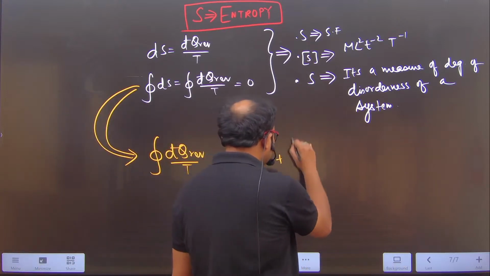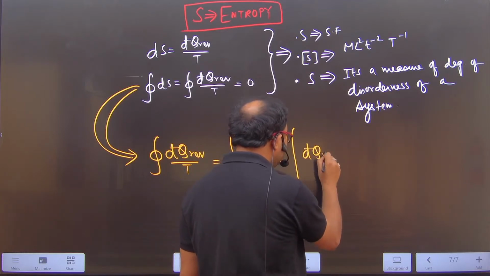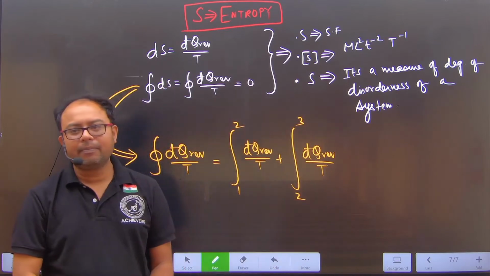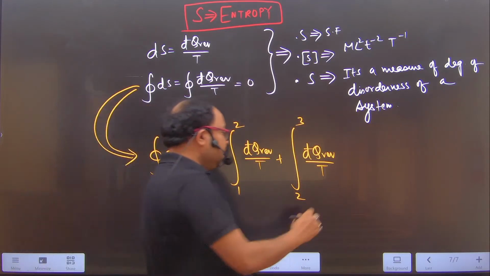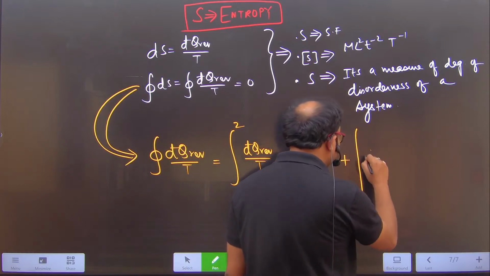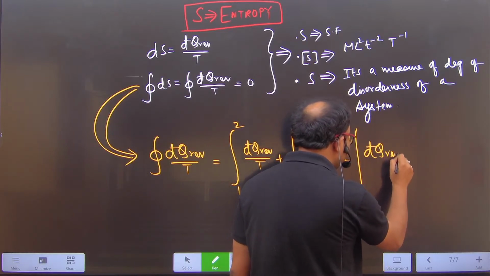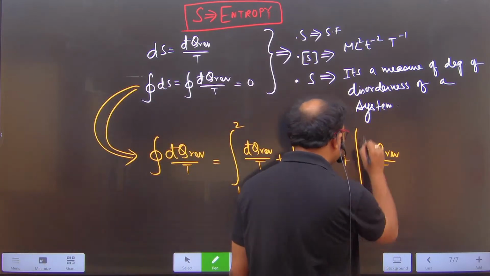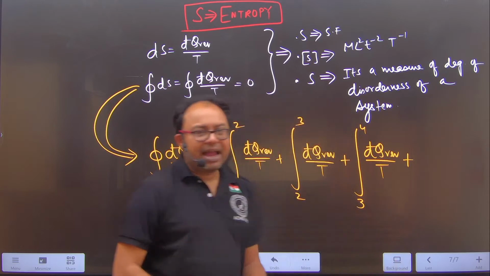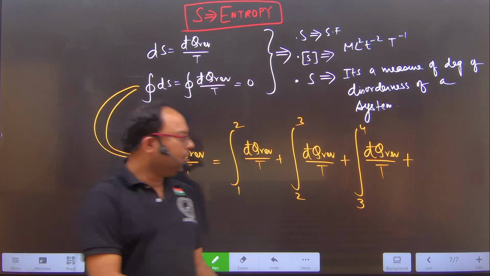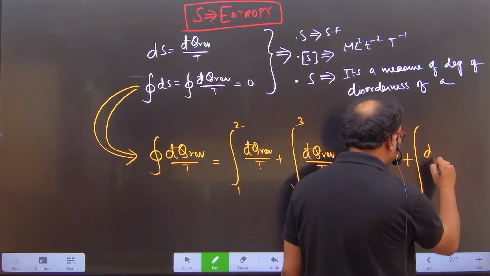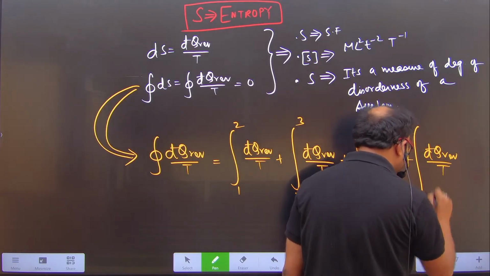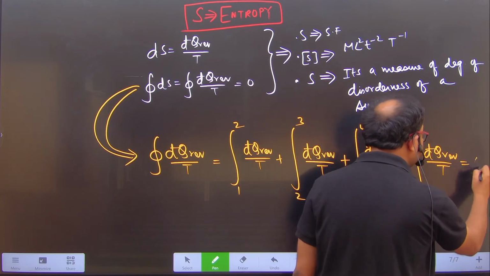Second one is step 2, connecting states 2 and 3. The next one is step 3, connecting states 3 and 4. And the final one is step 4, connecting states 4 and 1. This entire thing is equal to 0.